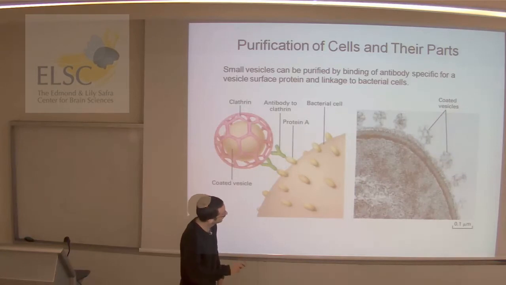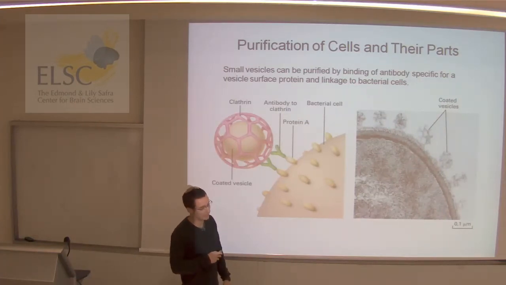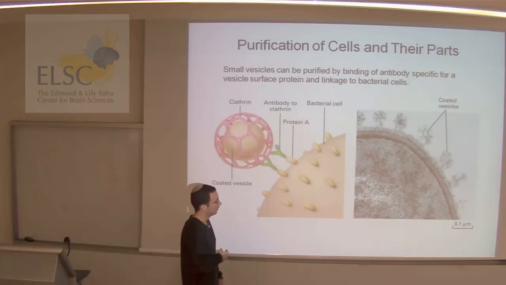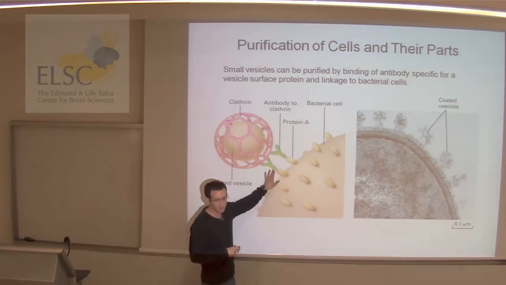So this is the plasma membrane of the bacterial cell, and on it you can see the vesicles linked upon it via the antibody. You said that there is an antibody linked to the bacterial cell? Yes. And the antibody ties the vesicle? Yep.